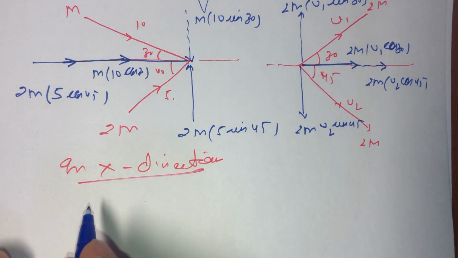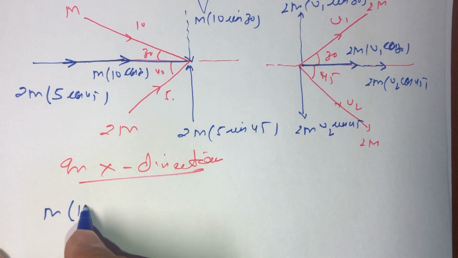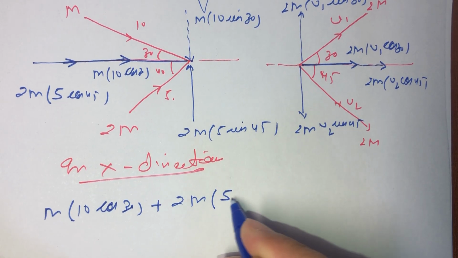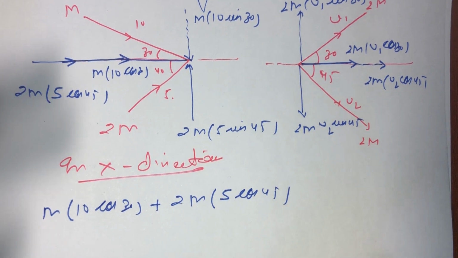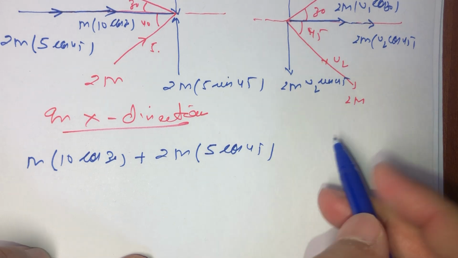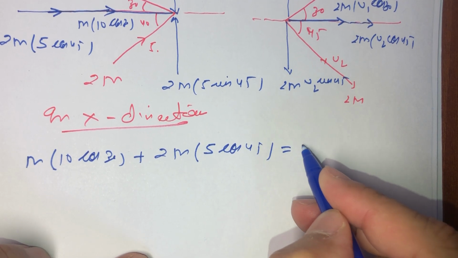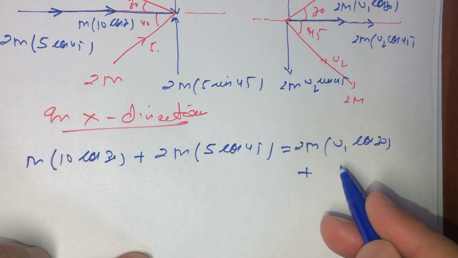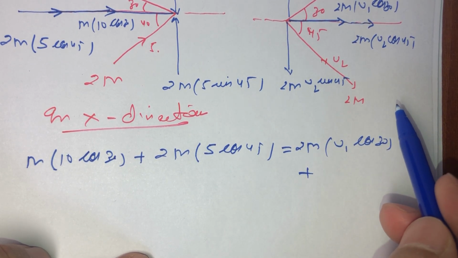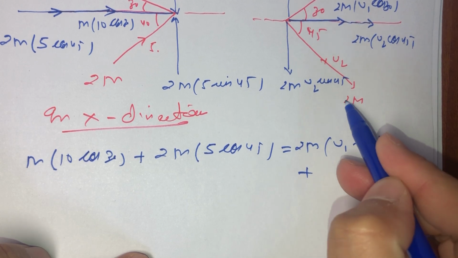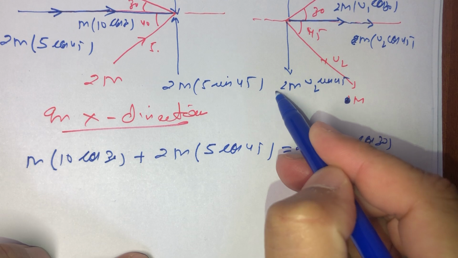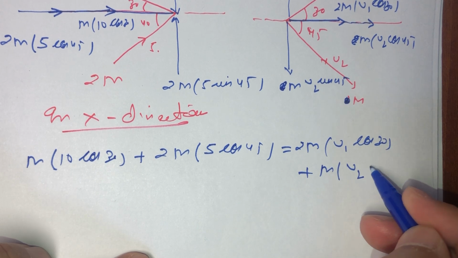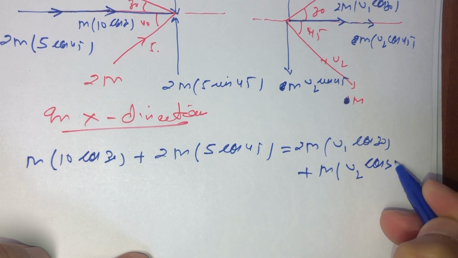We can write m 10 cos 30 plus 2m 5 cos 45, that is the initial momentum, equal to 2m v1 cos 30 plus, this is m, my mistake, so this will be m v2 cos 45.